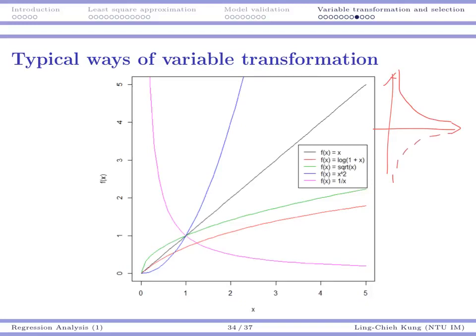So if your scatter plot shows you a relationship like this, okay, x is here, y is here, and it is increasing, but gradually not so significantly, you probably want to still try 1 over x, because if it's a good fit, the software will give you a negative coefficient for that.